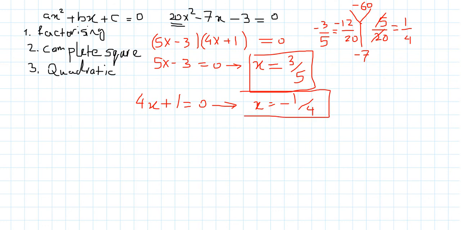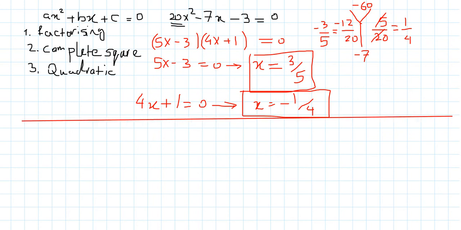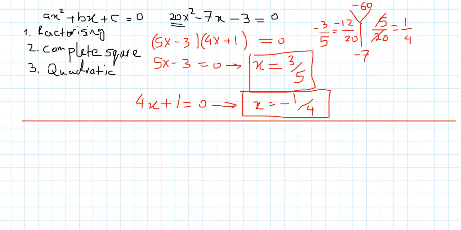This is my answers. Okay, let's solve another example. It is 36x squared plus x minus 2 equals 0.